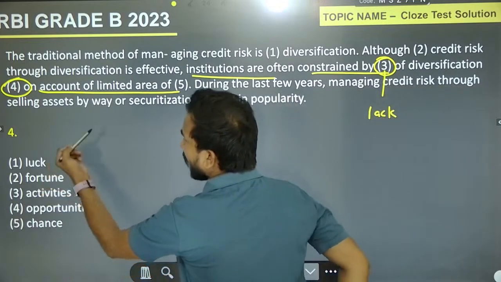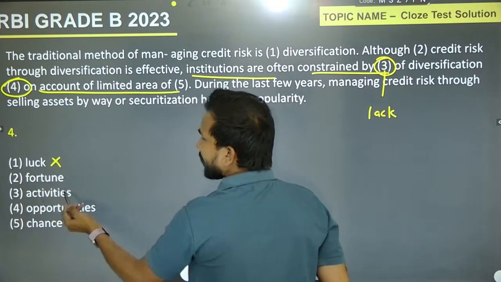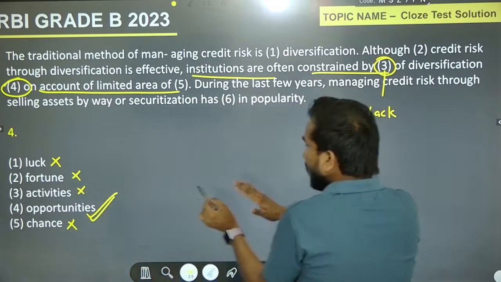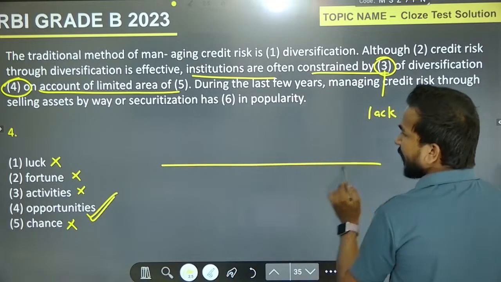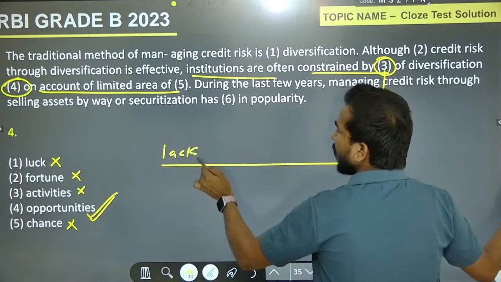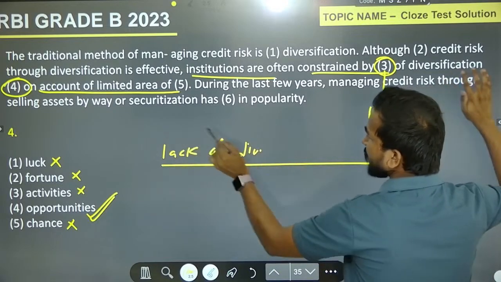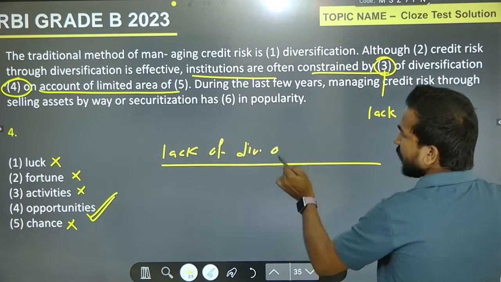What we are talking about? We are talking about diversification, fortune, diversification, activities, diversification, opportunities. Lack of, what will be the complete phrase? That will be lack of diversification opportunities.